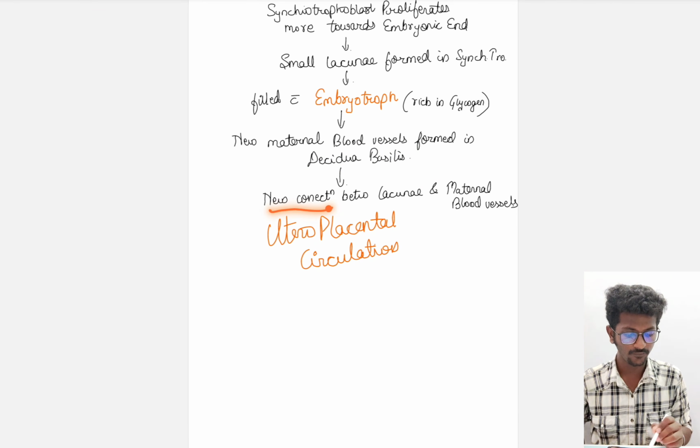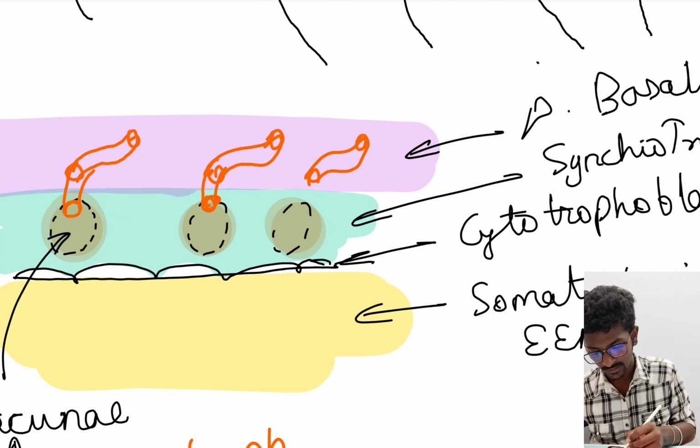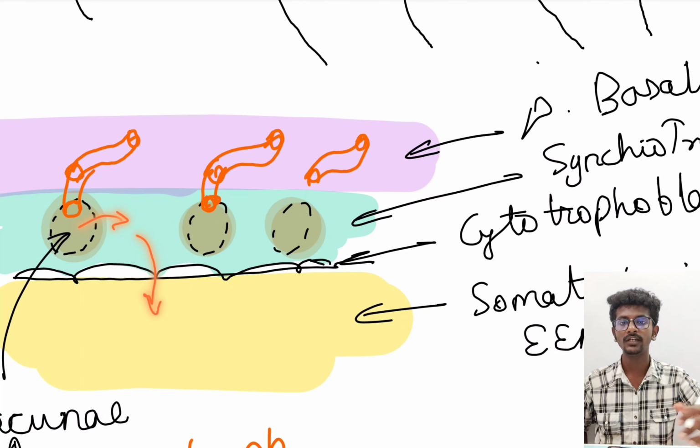This connection is called the uteroplacental circulation. These lacunae are initially filled with the embryotroph, and then further filled with maternal blood, and through these lacunae the syncytial trophoblast will absorb the nutrition and provide it to the growing embryo. I hope this was very clear to you till the previous lecture.